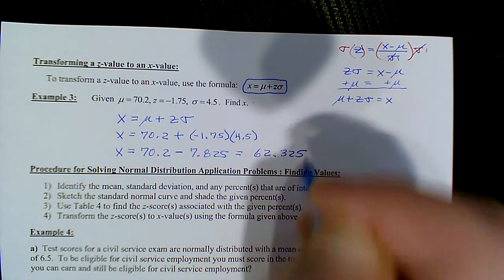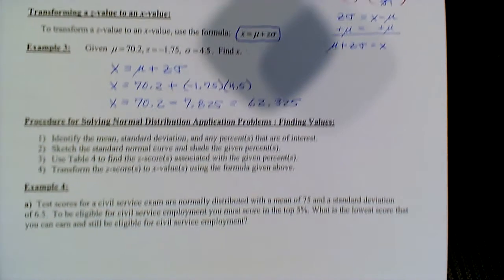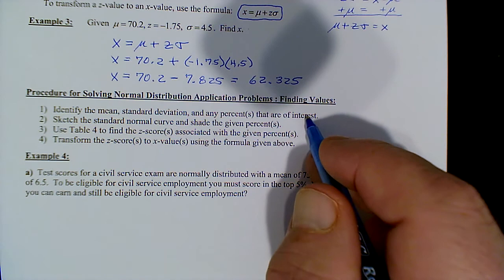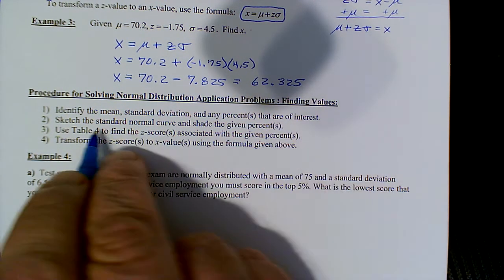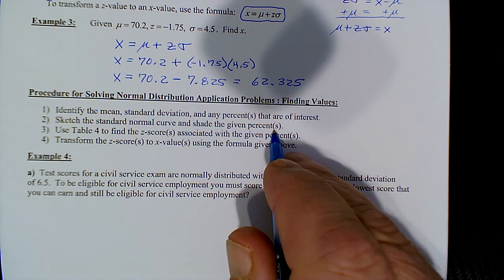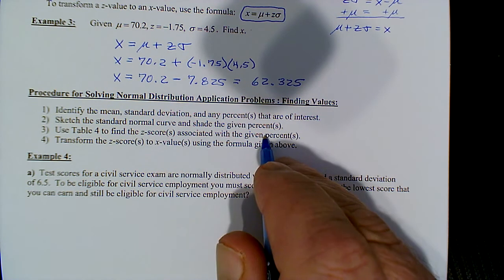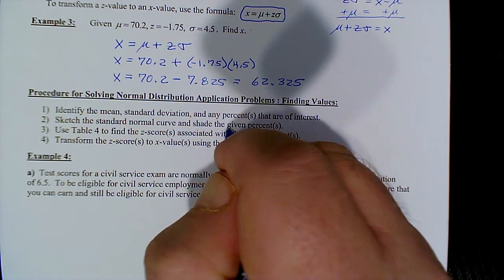And that gives us 62.325. Okay, so if we want to find the x value when given a z-score, or actually when we're given an area on the distribution, then as this little procedure outlines here, you're going to identify the givens, sketch the distribution and shade in the given percents, and find the z-score associated with that given percent.